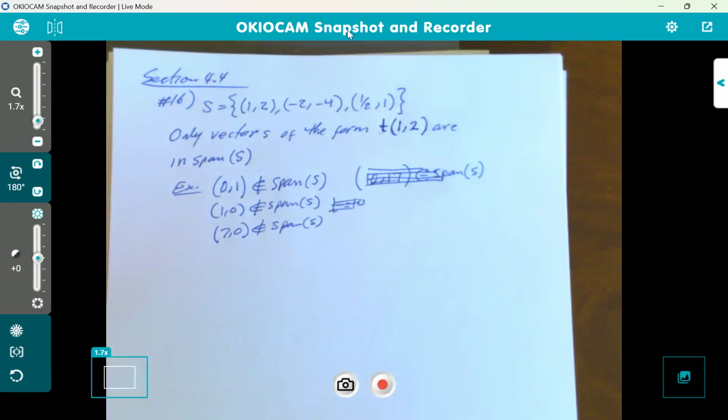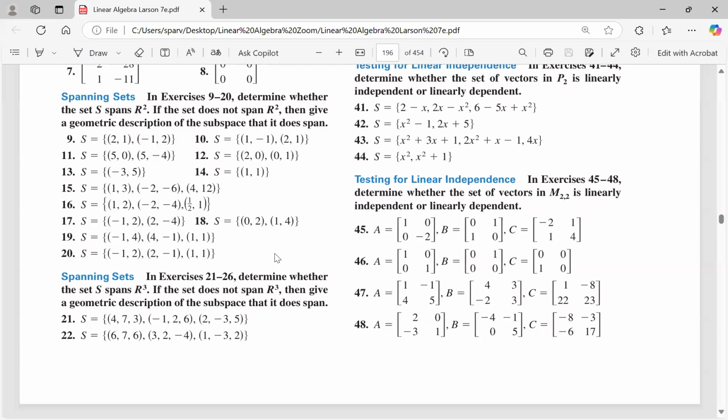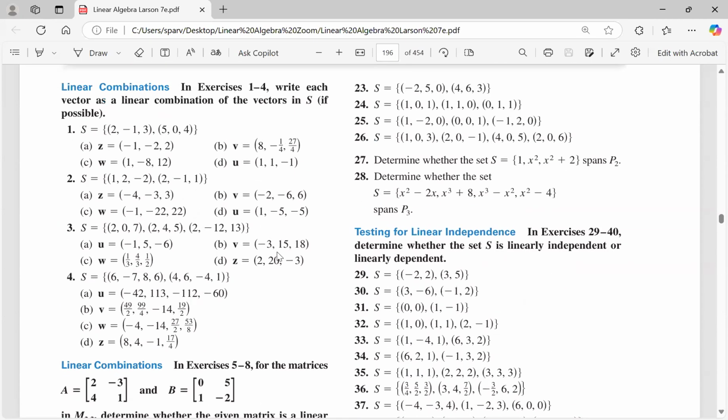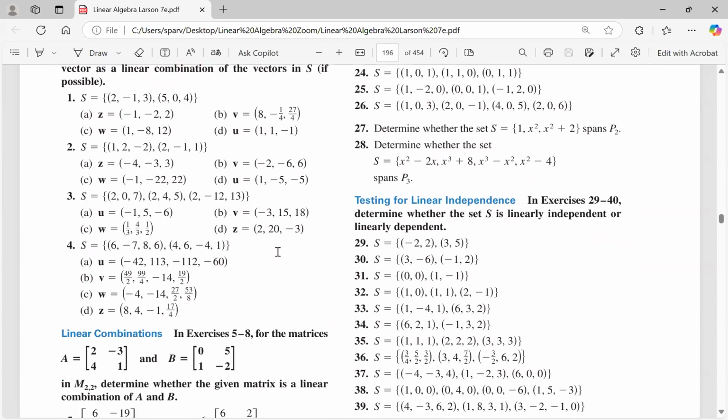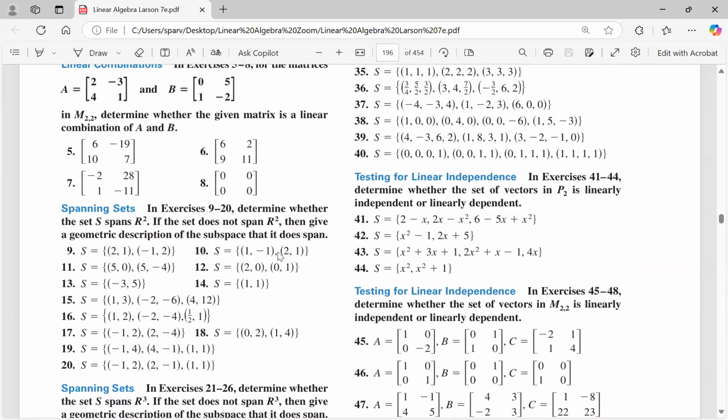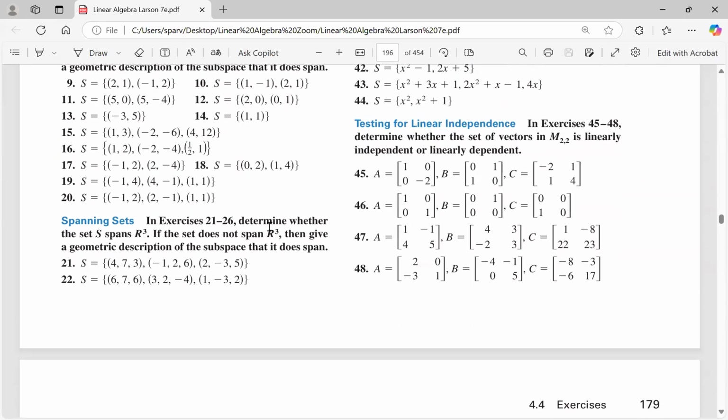Let's take a look at a different one. Let's do an example of spanning sets. Exercises 20 all the way up to there. So how about number 24? In number 24, determine whether the set spans R3. If it doesn't span R3, then give a geometric description of what it does span.